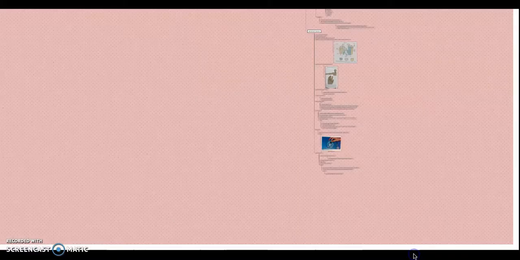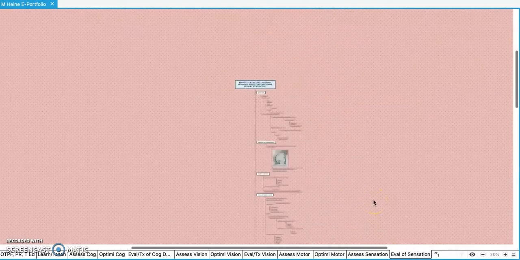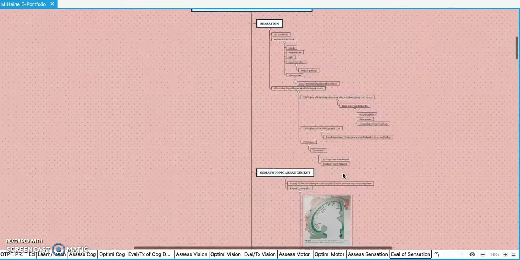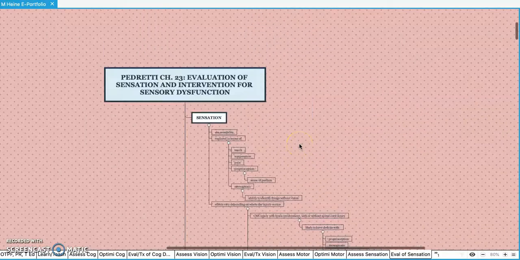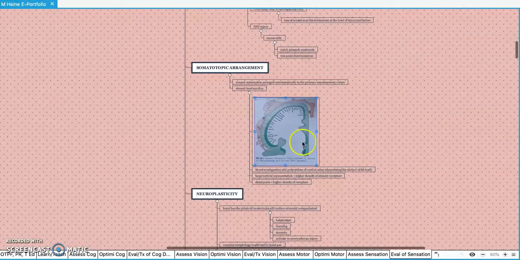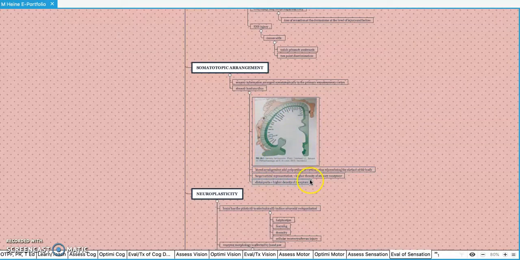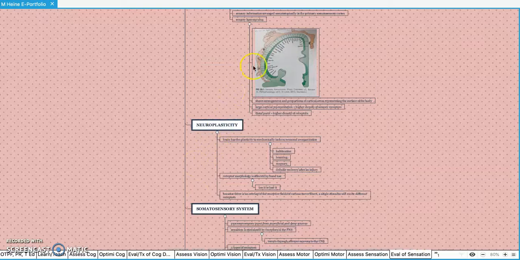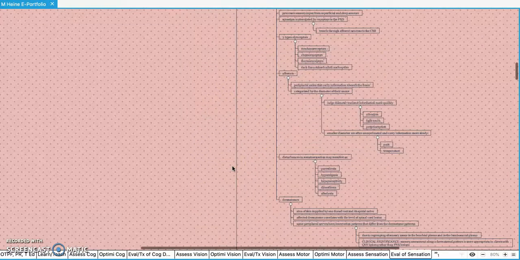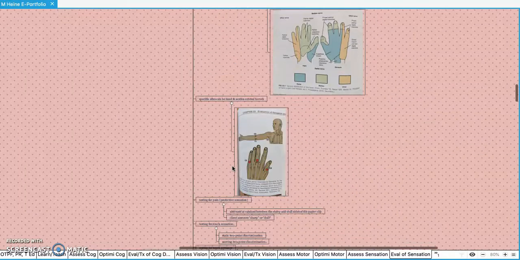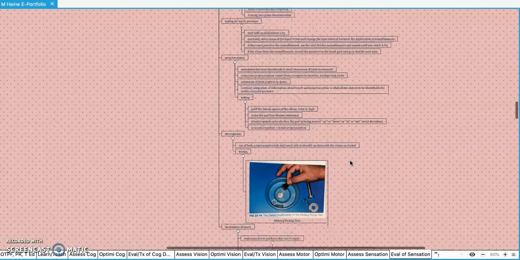And then we'll go to evaluation of sensation, which again just goes into further detail. And I like this one. It has the homunculus here, which is super important, which when I first looked at it, I had no idea what that was talking about, but now it makes complete sense to me. So just sensation testing, going more into the assessments we covered with Dr. Hay.